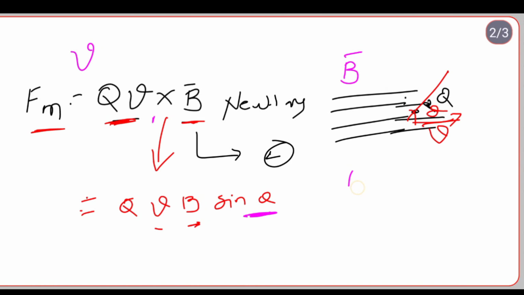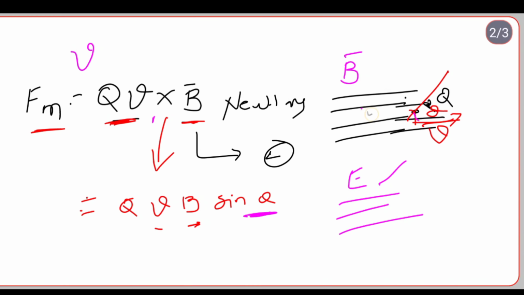The total force on a moving charge, in the presence of both an electric field and a magnetic field, acting at the same place on the same charge: the total force on a moving charge in the presence of electric field E bar and magnetic field B bar.